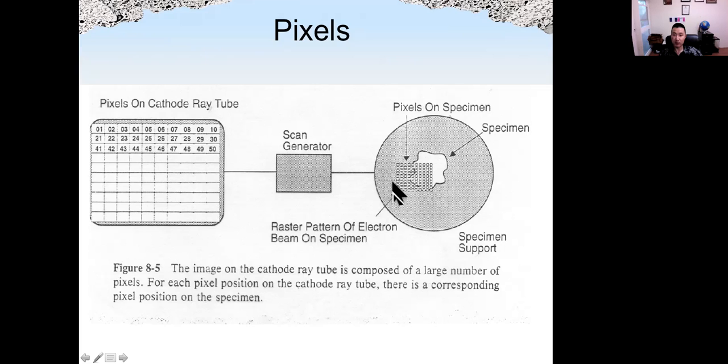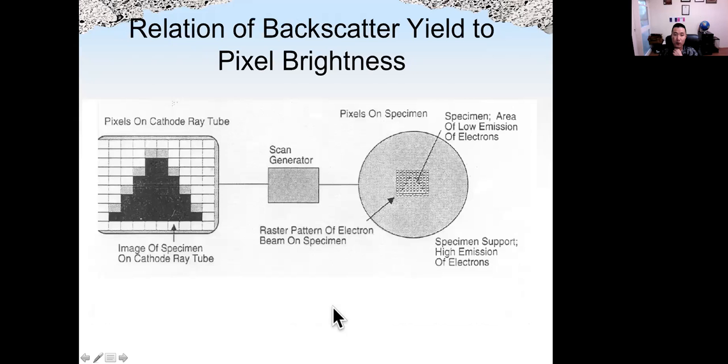Different pixels may have different colors, depending on emission, high emission and low emission. Areas with low emission will correspond to darker pixels on the tube, and areas with high emission will correspond to lighter color on the tube. So on the tube we have an image of the specimen like here.